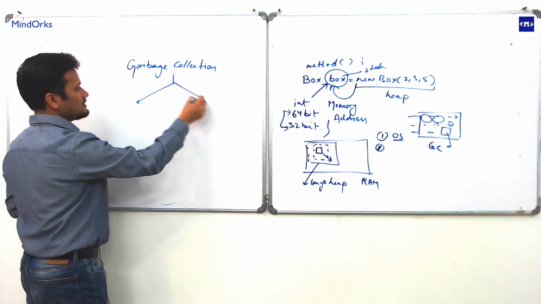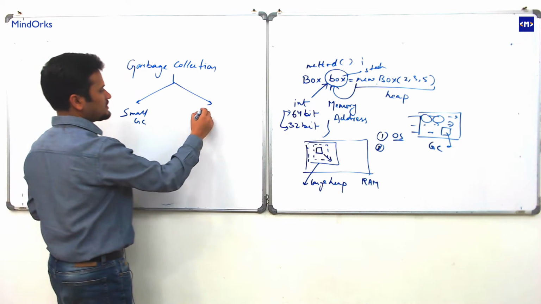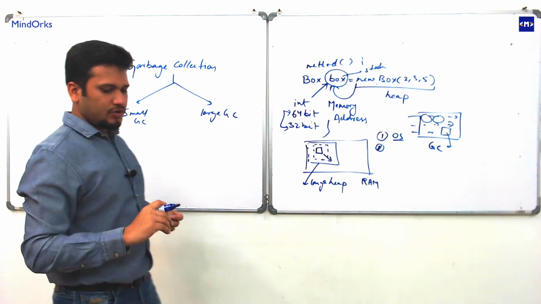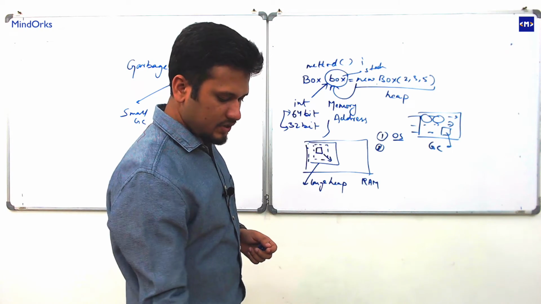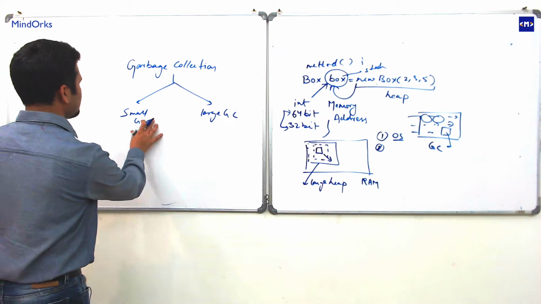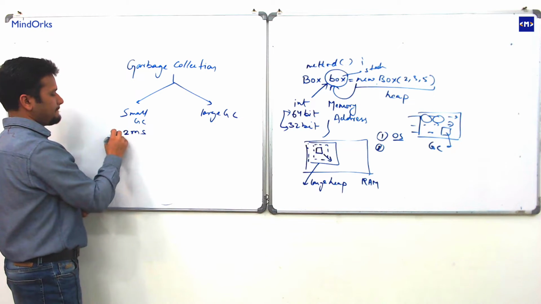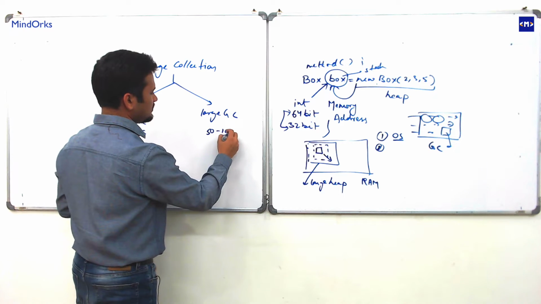Garbage collection can be called a small GC and a large GC. So you have two scenarios in which a GC runs, one is your large GC and one is your small GC. A small GC will take around 2 milliseconds, and a large GC will be around 50 to 100 milliseconds.